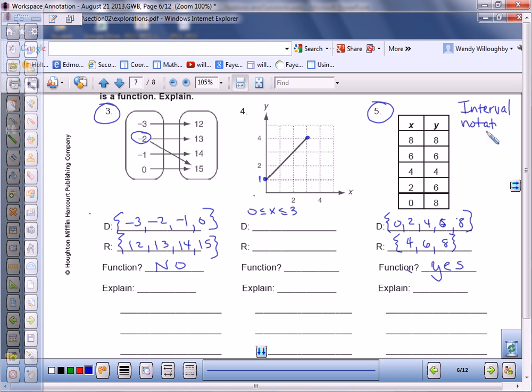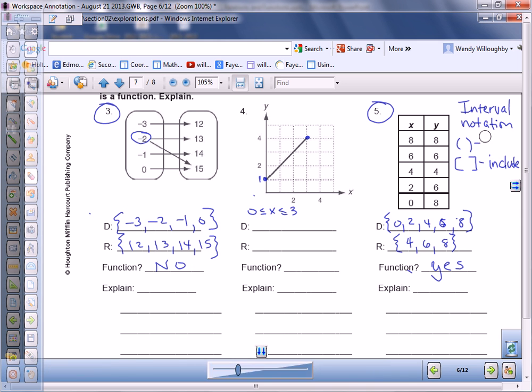So in interval notation, we would use the parentheses and the brackets. We use brackets if it includes a value. We use parentheses when it does not include a value. And we're going to do some of both. So I made you put dots at either end.